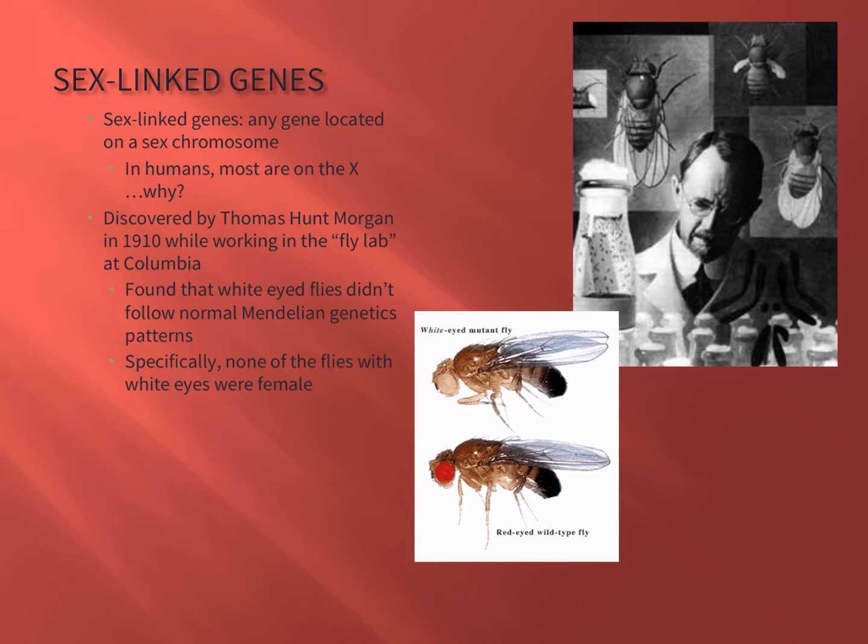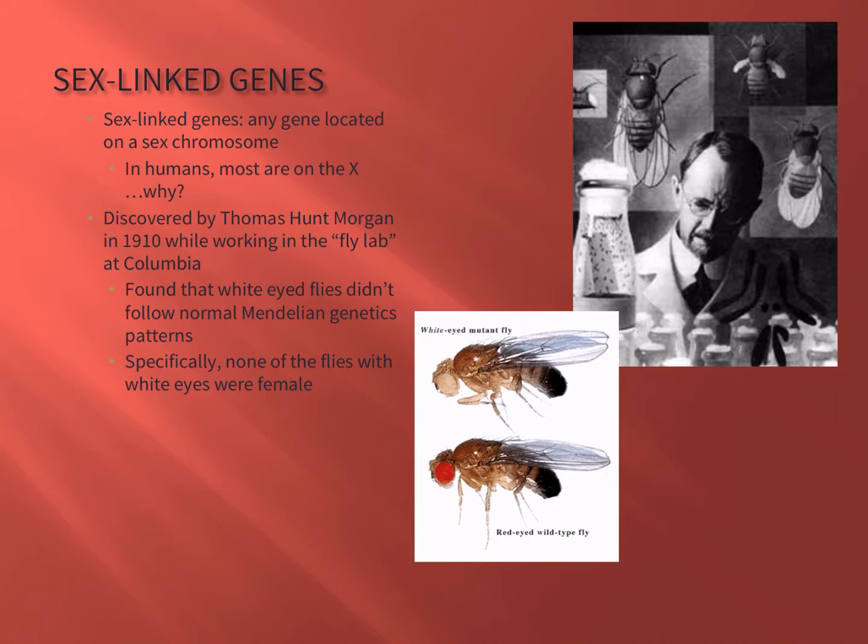Sex-linked genes were discovered back in 1910 by Thomas Hunt Morgan. He worked in a fly lab at Columbia. What he noticed was that white-eyed flies just didn't follow normal Mendelian genetic patterns. Specifically, when he looked at the flies, none of the flies with white eyes were female.